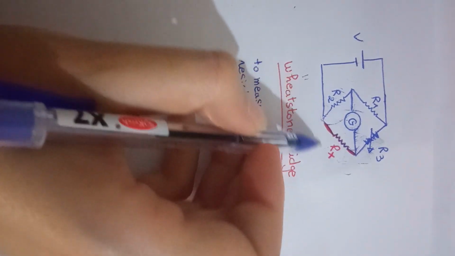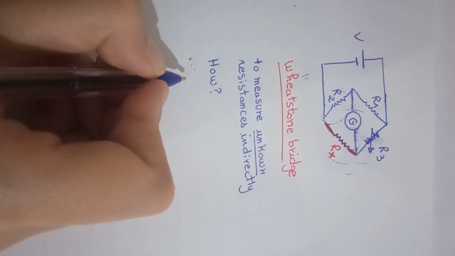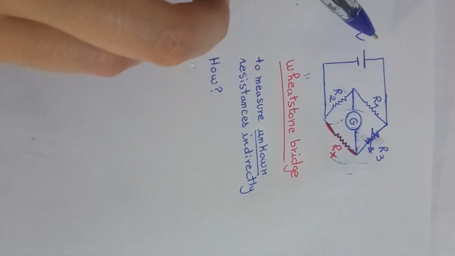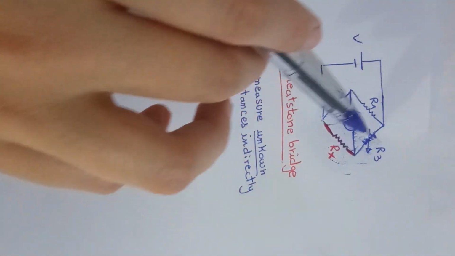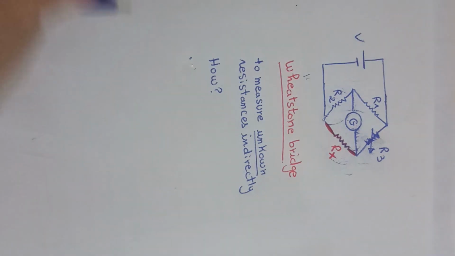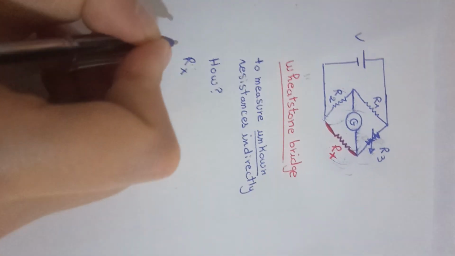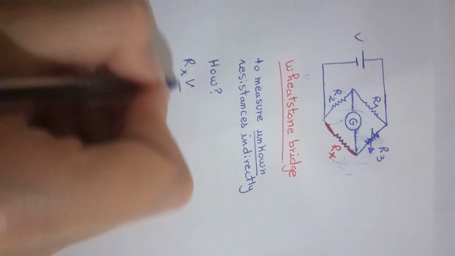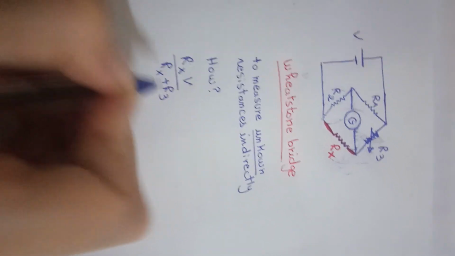The voltage across Rx is given by the voltage divider rule, since these two are in parallel, so the voltage across these two is V. Using the voltage divider rule, the voltage across Rx is Rx times V over Rx plus R3.